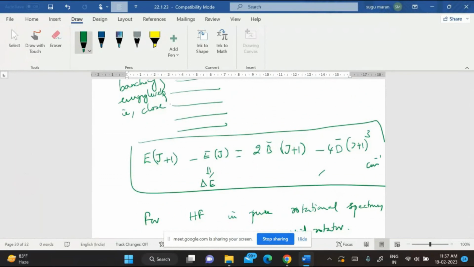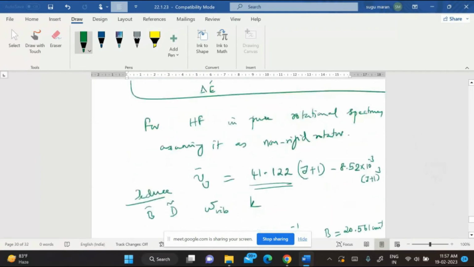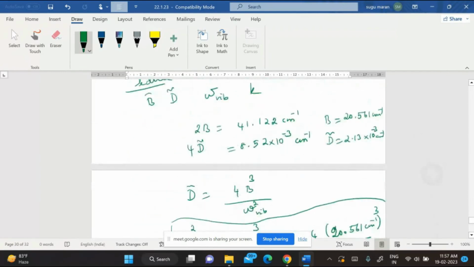Assuming the molecule as a rigid rotator, I can find out many things. From this I can find out the rotational constant of the rotating molecule, and the centrifugal distortion.